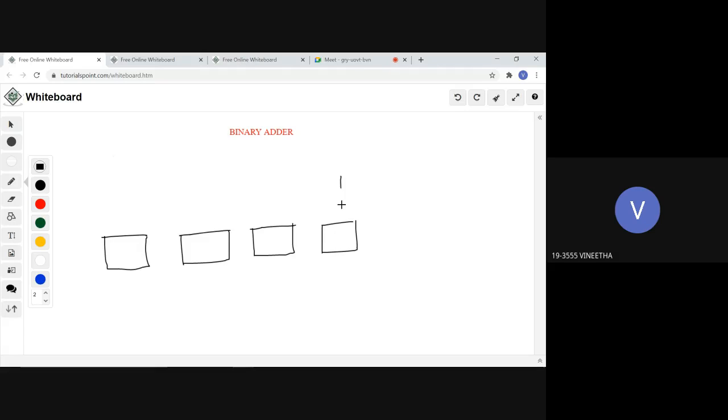So every full adder has 3 inputs. So this would be my A naught. This would be my B naught.